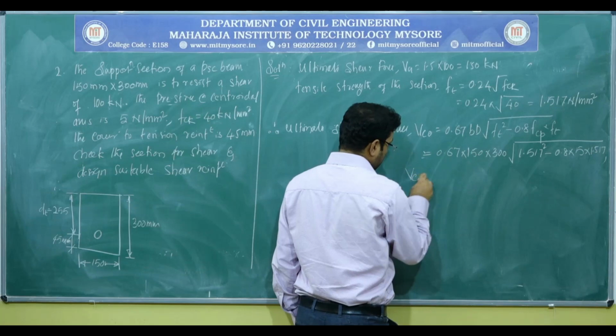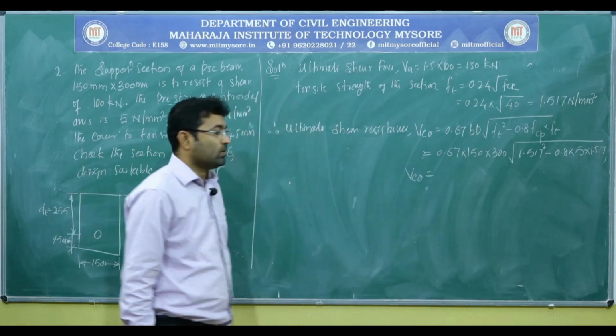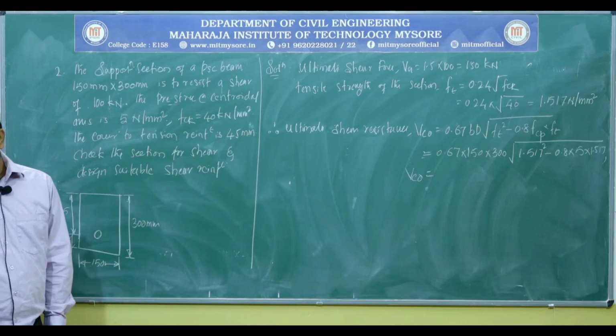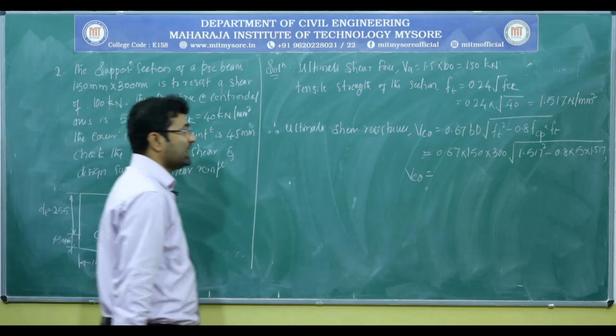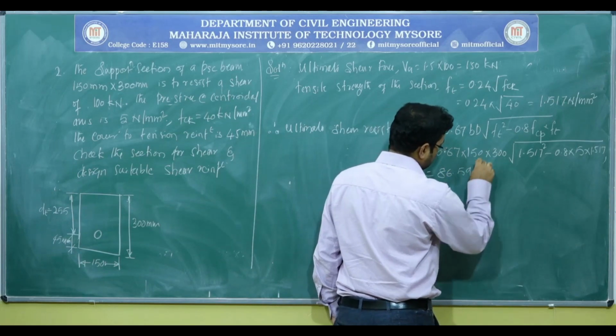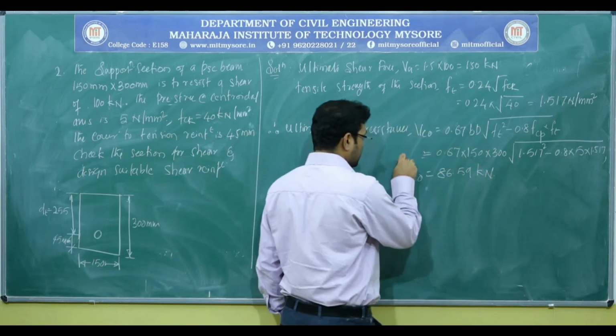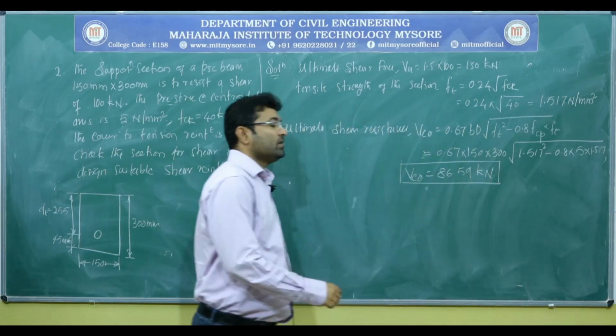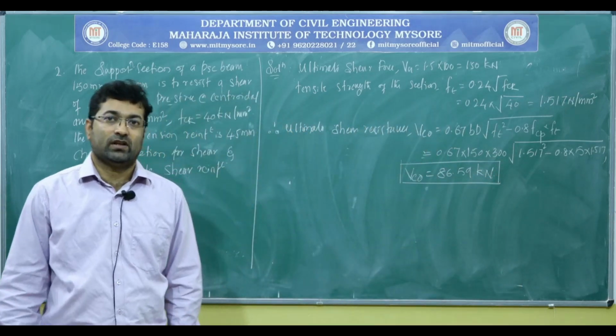So this gives me a value of Vco, that is the ultimate shear resistance capacity of the section, as 86.59 kilonewtons. So this much is the capacity of the section to resist the shear force.